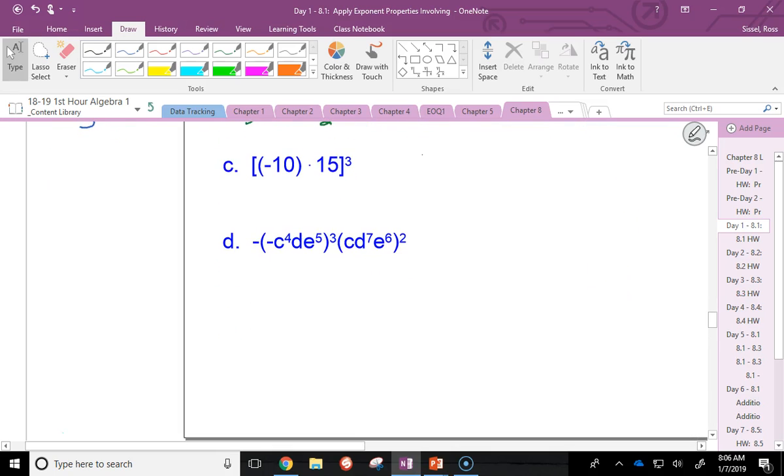Okay, C. So now we have negative 10 times 15. Negative 10 was in parentheses, so we know it's negative 10. And we're taking that times 15, and that's all in brackets, and then cubed. What do you think I should do first?